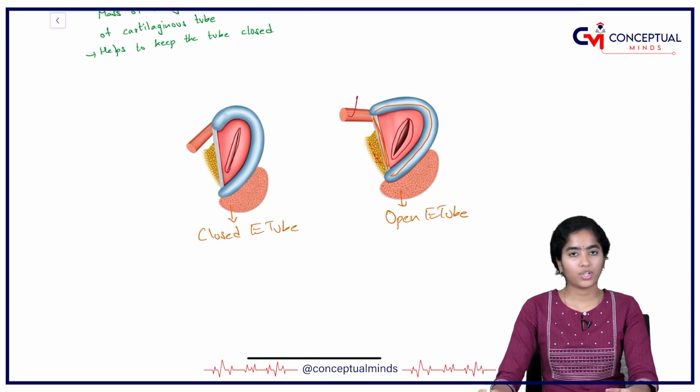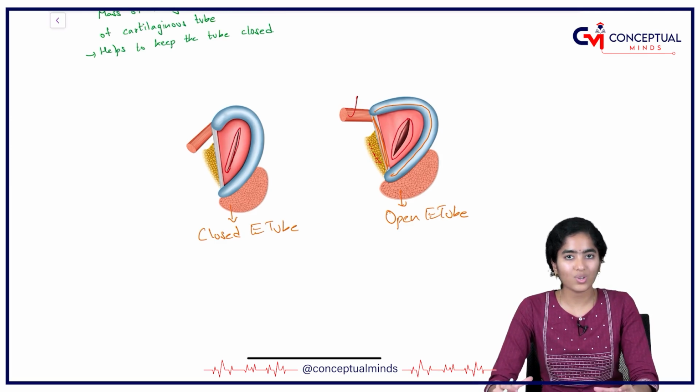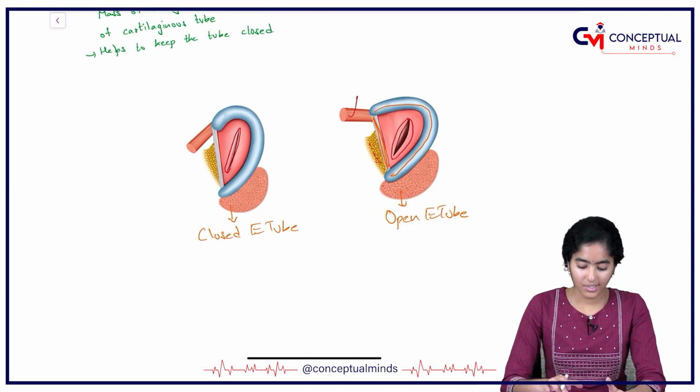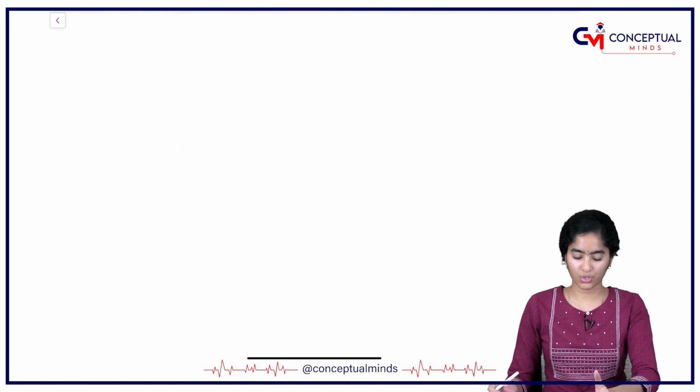This is how the Eustachian tube looks at its pharyngeal opening when it is closed and when it is open. To complete the anatomy, let us learn about the histology of Eustachian tube.